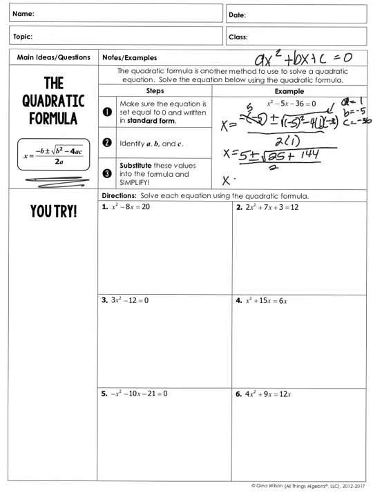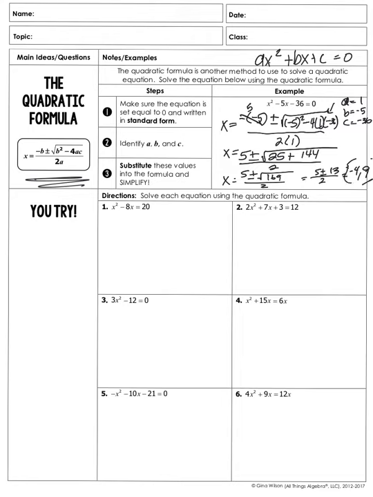And then x equals 5 plus or minus the square root of 169 over 2, which equals 5 plus or minus 13 over 2, which equals 5 plus 13 is 18 divided by 2, that is 9. And 5 minus 13 is -8 divided by 2, which is -4. So the solutions are -4 and 9.